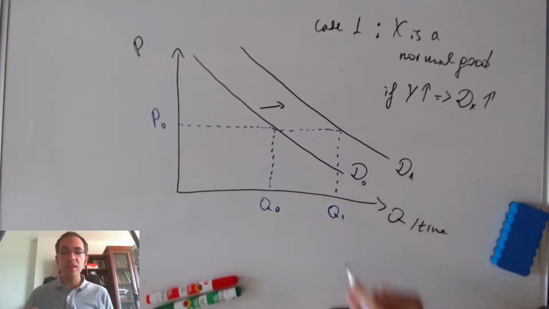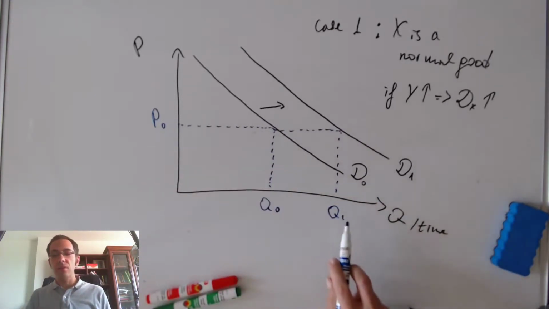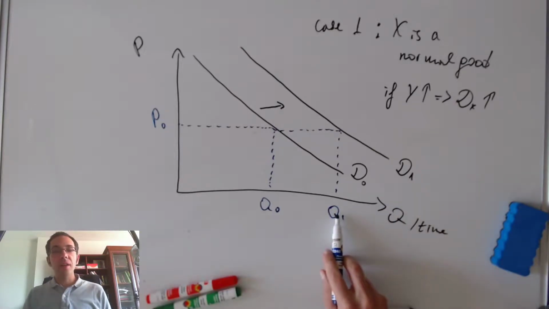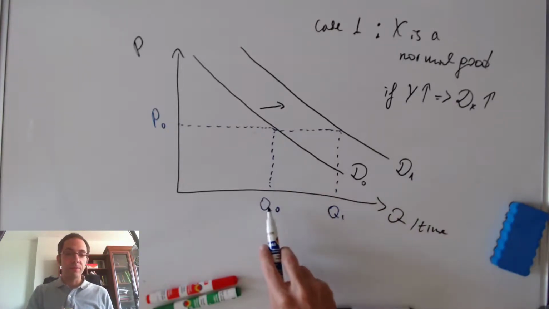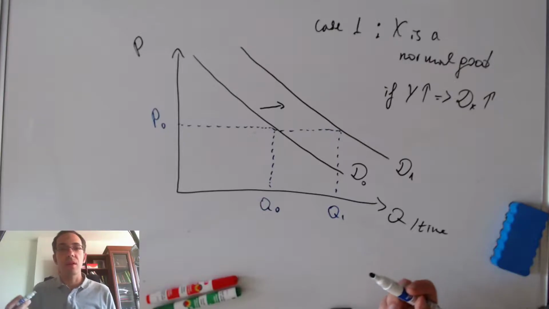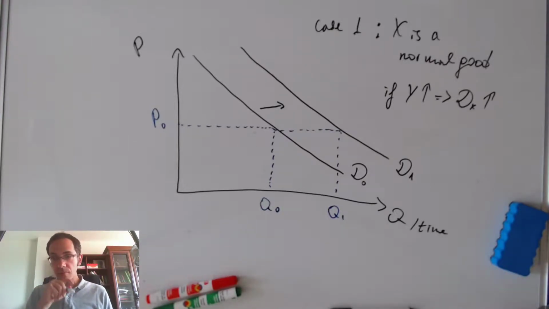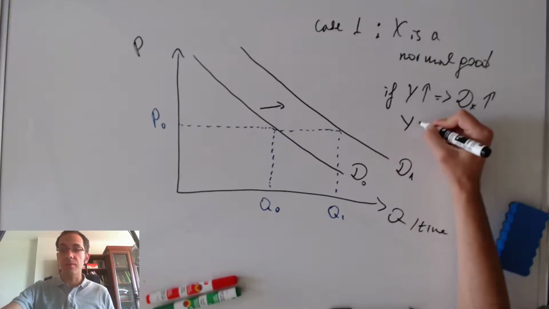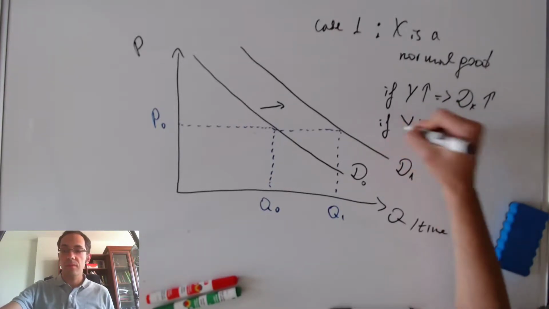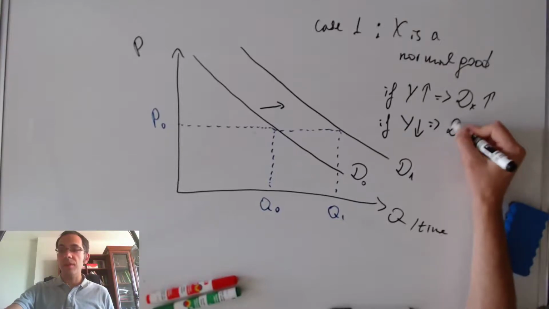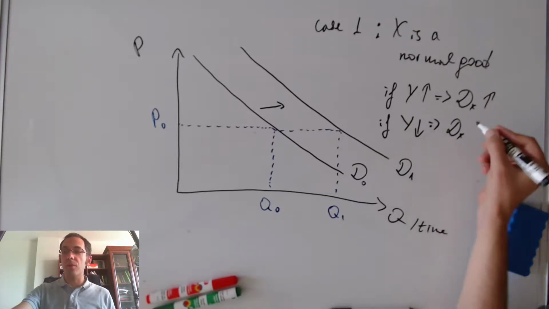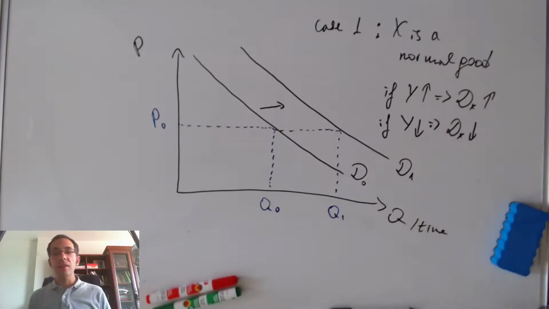So we can see that for any price level, D1 will have greater quantity demanded than D0. Thus, the demand for good X is increasing. Similarly, if, let's say, income is falling down, in this case, the demand for X, given that X is a normal good, should decrease. And this will be illustrated by a leftward shift.